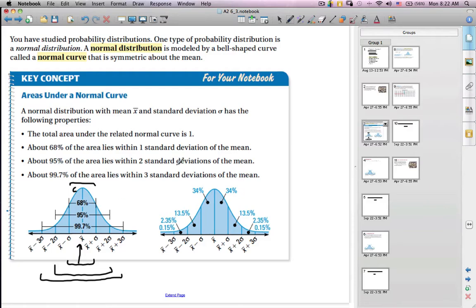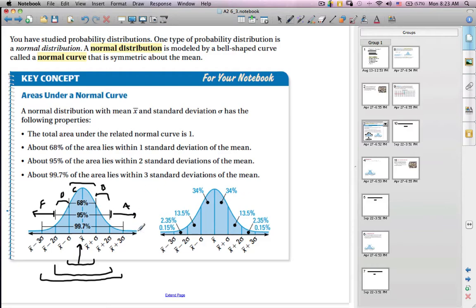95% of the data lies within two standard deviations. So I might take this section here and say a second standard deviation above the mean is a B, but a second standard deviation below the mean is a D, and everything below two deviations would be failure, and everything more than two deviations above would be an A. So this might be the way you set up grading. 99.7% lies within three standard deviations of the mean.